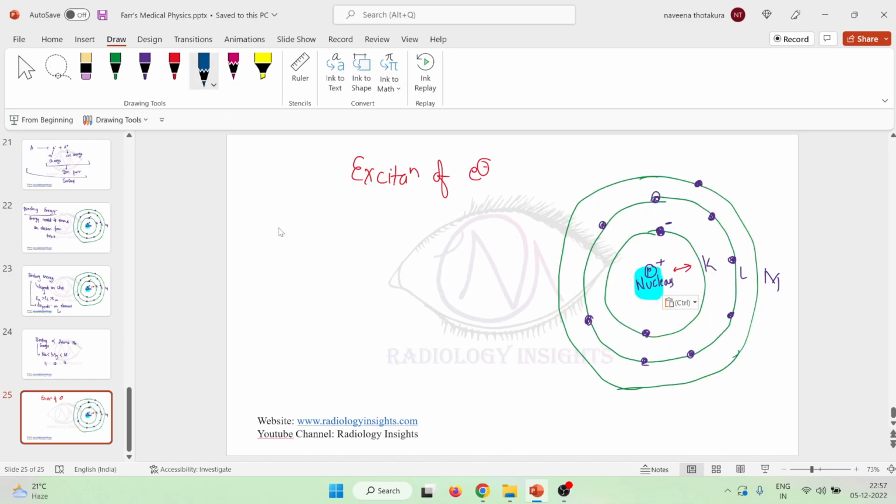If an atom is excited, that means an electron can be moved from one shell to another.